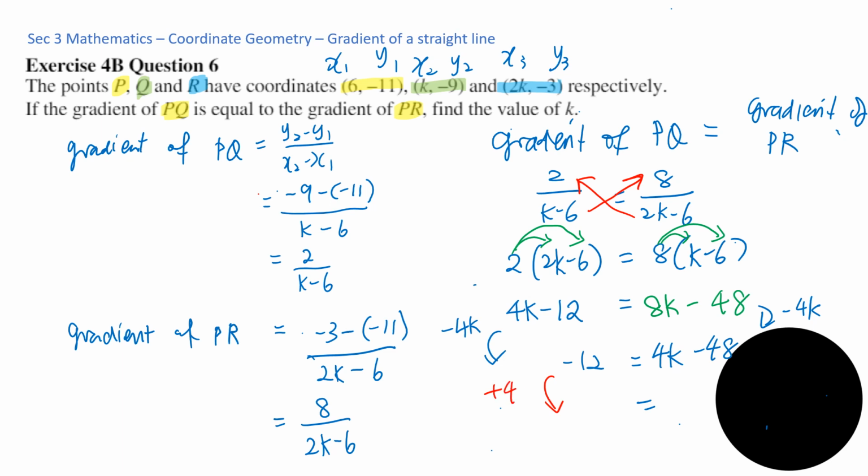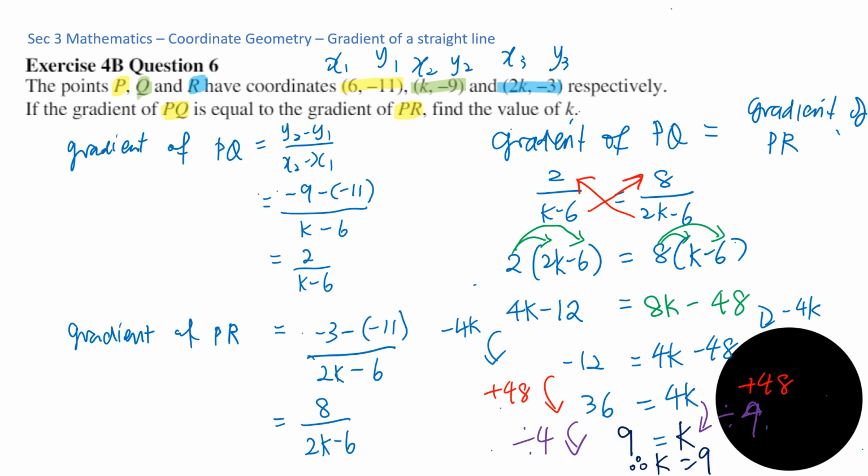I plus 48 to both sides. Which will give me 36 equals to 4k. And then how to find k? I divide by 4 to both sides. So therefore I get k equals to 9. Okay, I will rewrite it like this.